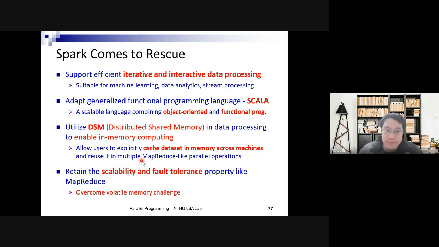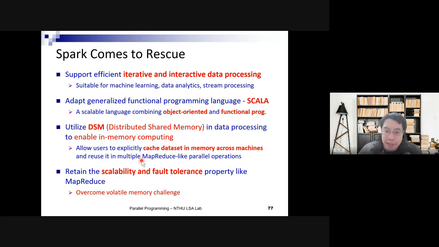It's too slow. So we have memory to cache, to buffer our data, so we can support those interactive and iterative data processing. Okay, but different from a single machine, we are talking about a distributed system, right?